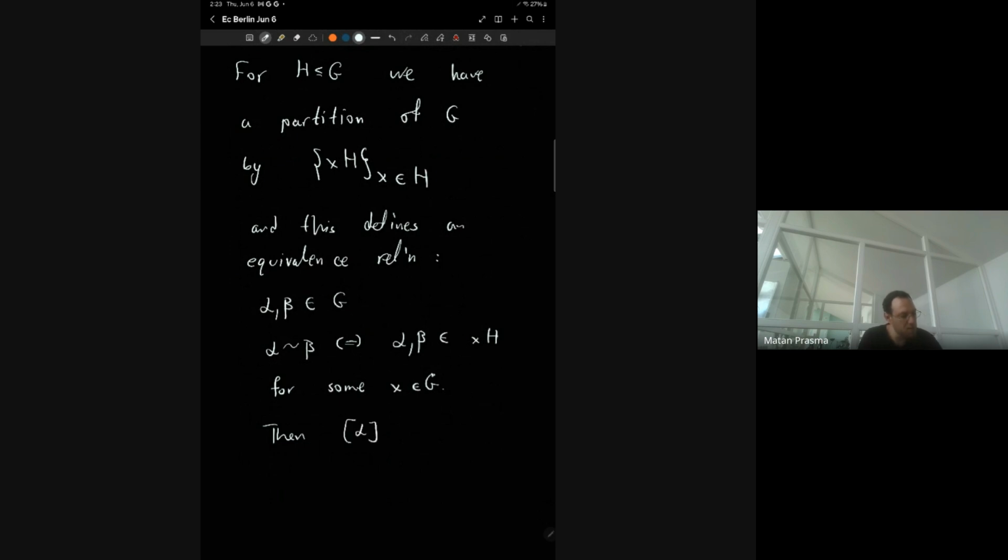The equivalence class of alpha, which I remind you, is all the beta in G such that alpha is equivalent to beta. But I defined alpha equivalent to beta if and only if they belong to the same coset. So the equivalence class of alpha is simply the coset xH. Okay?